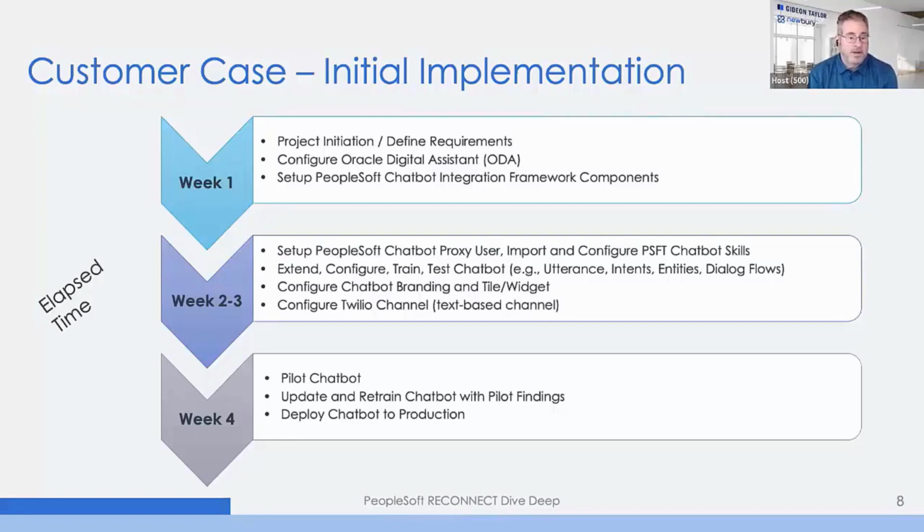Our experience has been that within about 2 or 3 weeks, we can get ODA set up, get Picasso deployed within the PeopleSoft system, and then start using these chatbots as delivered, maybe a single chatbot skill or maybe a couple as our POC, and do them as delivered so that over time we can improve the utterances and extend the intents and the skills and so on. But within the first few weeks, you can get a chatbot pretty well set up.